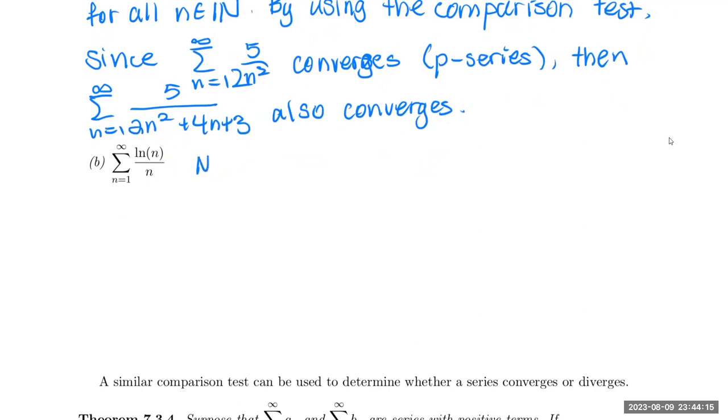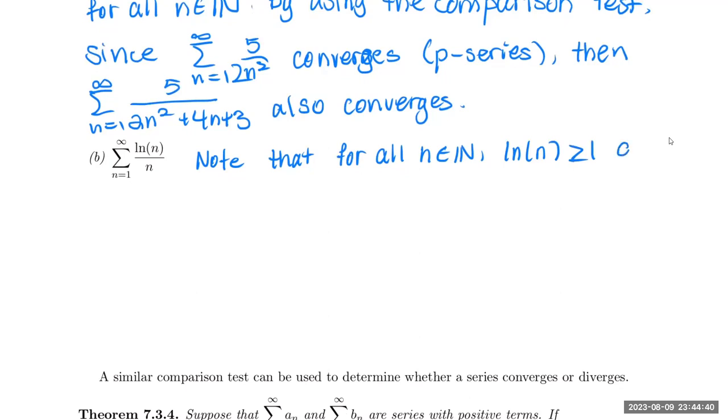So note that for all n, we have that ln of n is larger than 1, right? Because it's going to start from 0, and then it's going to keep on increasing from there.